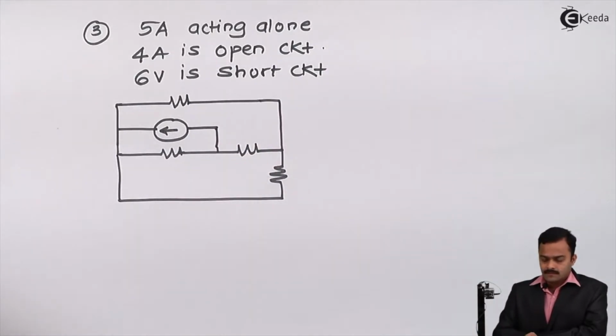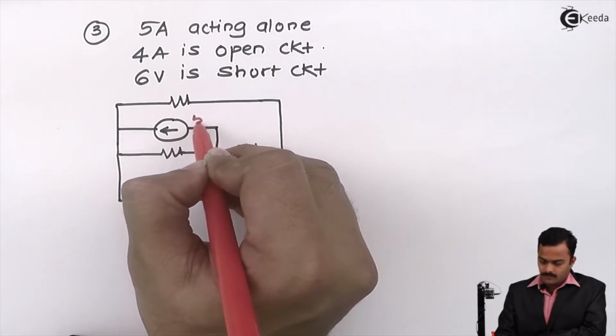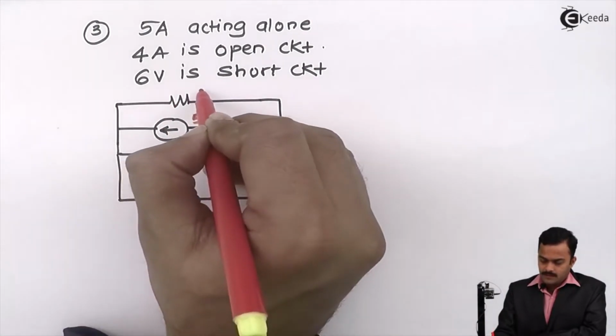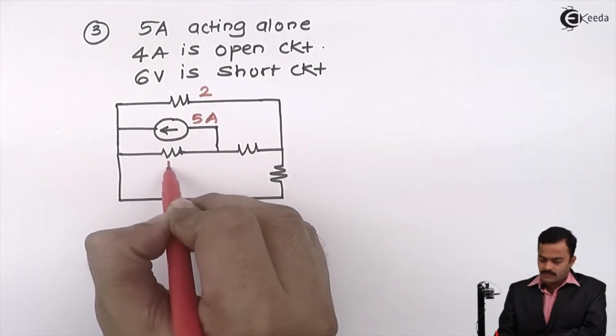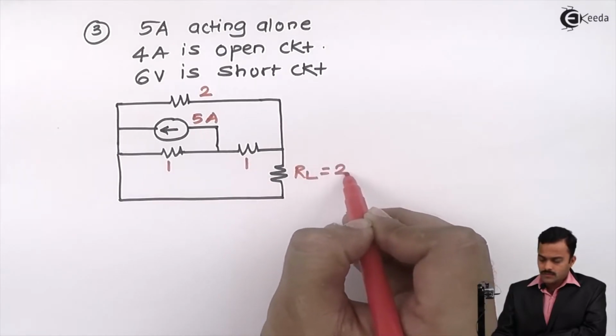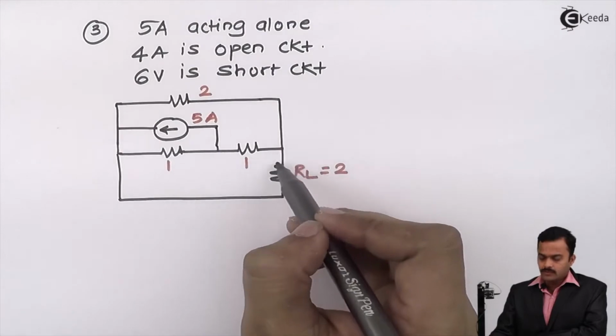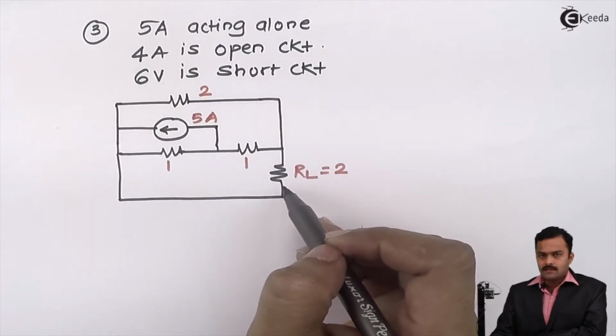Like this, with the value of the current source 5 ampere, resistance 2 ohm, this is 1 ohm, 1 ohm, RL is 2 ohm. Again, the objective is to get the current flowing through this resistance.